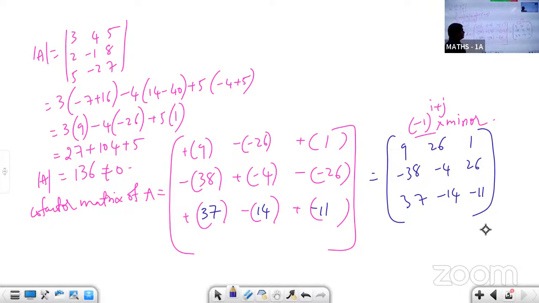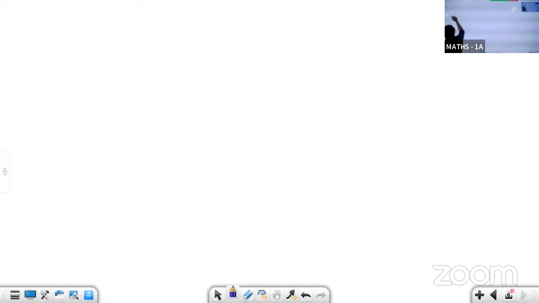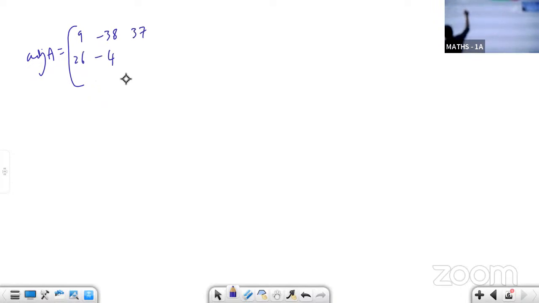Now, next, what is asking? Adjoint A, no? What is adjoint A? Adjoint A is nothing but cofactor matrix whole transpose. The rows become columns and columns become rows. So, that is nothing but adjoint A. Now, do the transpose. 9, minus 38, 37, right? 26, minus 4, 26.